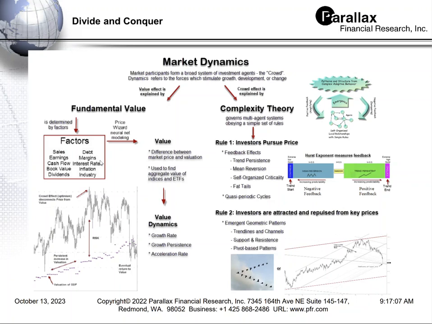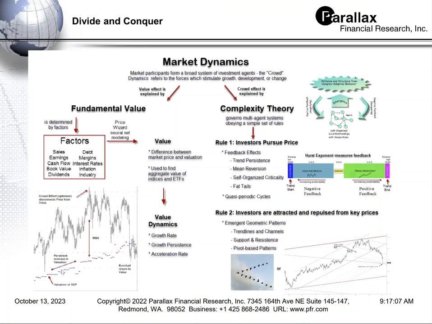So we train neural nets in each economic sector, and some of the sectors are so big you actually have to go down to the industry group level. So we trained a set of neural nets to tell us what the price should be for a company.